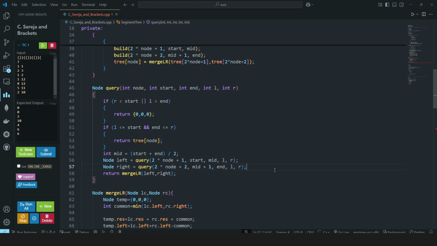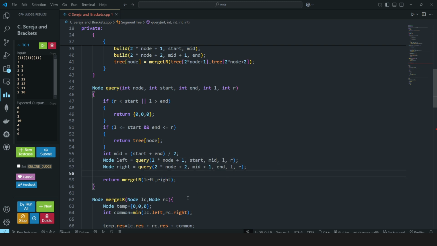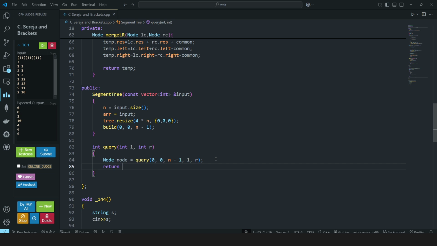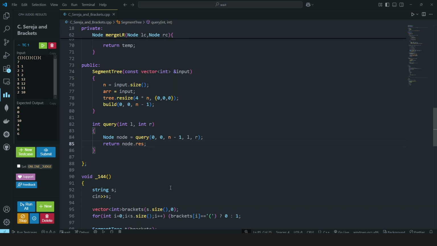So this will return me the merged result for the left part and the right part. Since this query is a node type, I will store it, give it a name, and I just have to return this node's result.